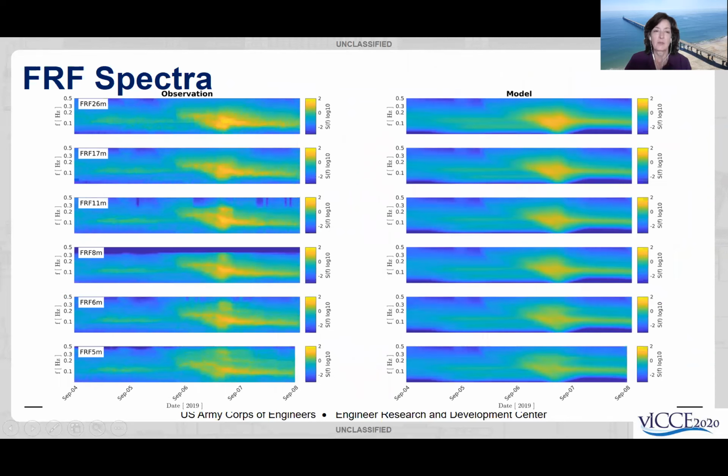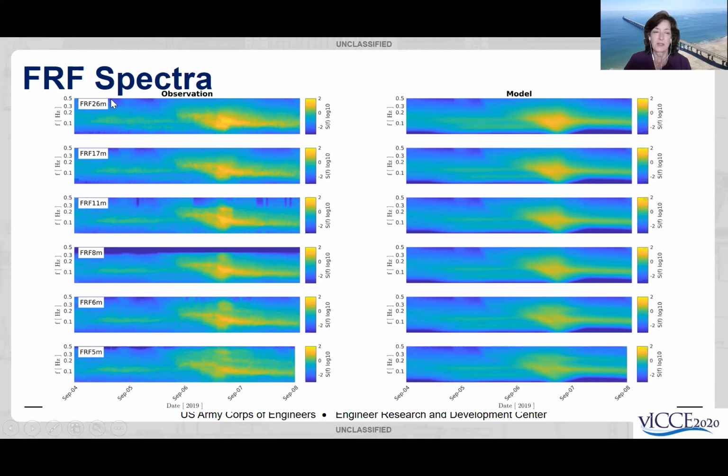So to understand this better, we need to look at the wave spectra. The left side is the observations, the right is the model, time on the horizontal axis, frequency on the vertical axis, and the color contours give us the energy density, and this is on a log scale, so it emphasizes the peaks. Right here is September 6th, the peak of the storm.